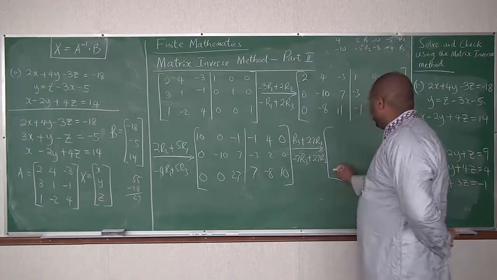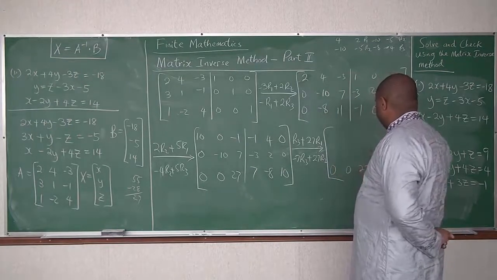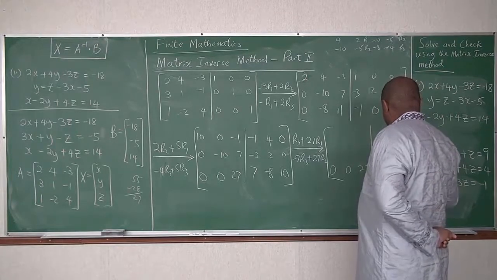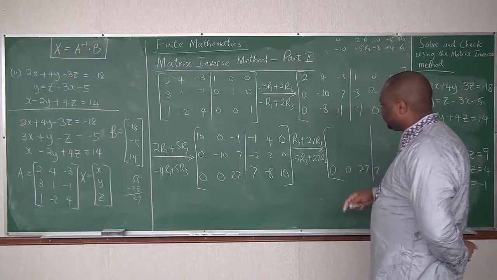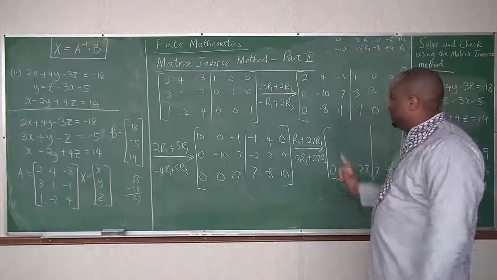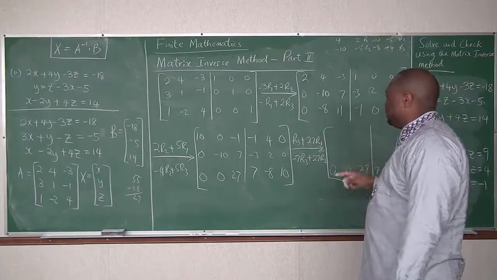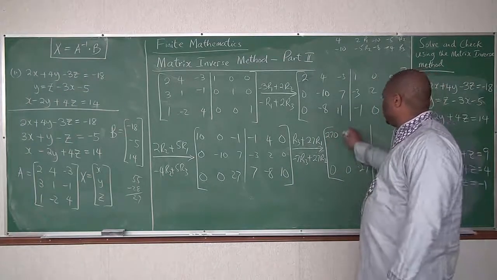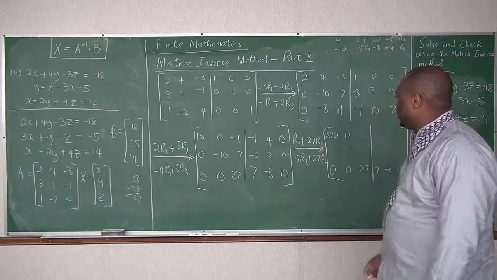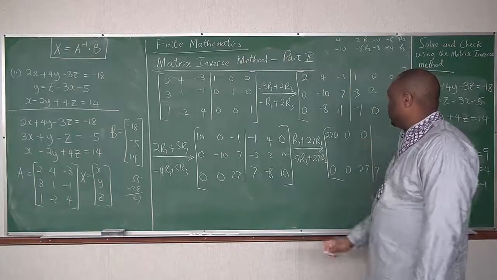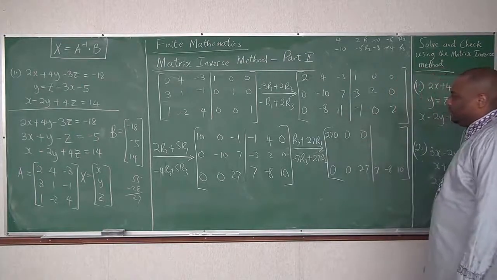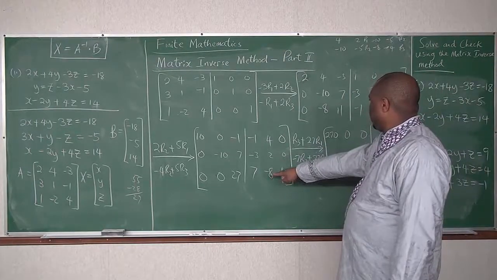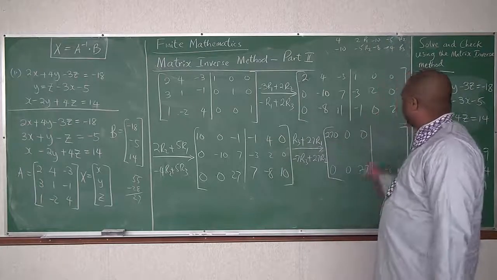So R3 is unchanged, 0, 0, 27, 7, negative 8, 10. 0 plus 27 times 10 is 270. 0, 0 is 0. 27 minus 27 is 0. 7 minus 27 is minus 20.